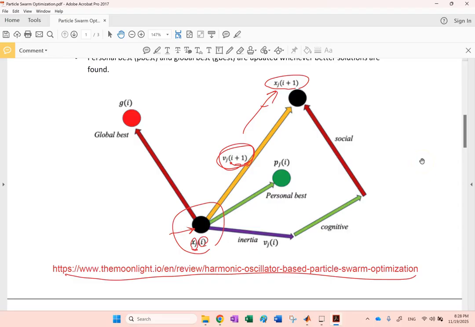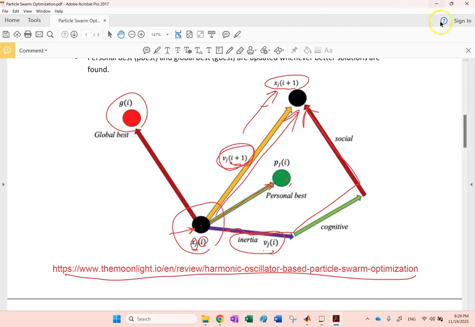You can see that this yellow vector is affected by a component of the previous motion, this purple vector. Based on where the local best is for you, it is affected by this green one, which tries to take you to the local best, and by this red vector, which tries to take you to the global best. So the sum of the purple, green and red, these three vectors, is going to be your equivalent velocity at that point. Okay?